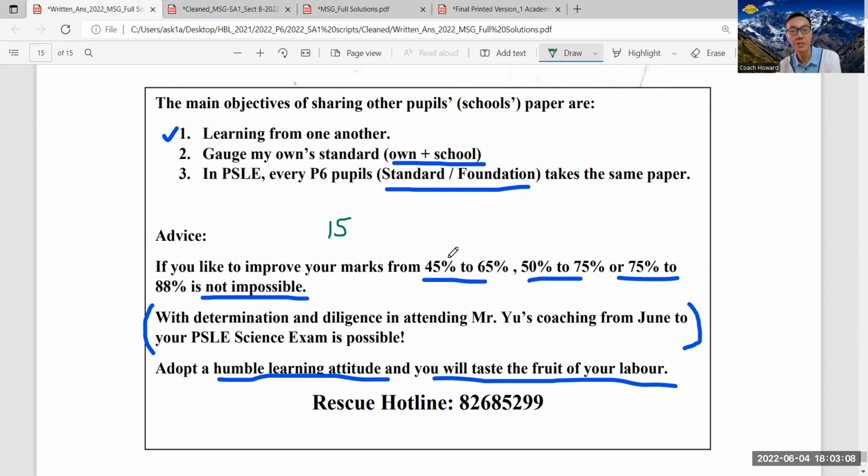If you fall within this range, either 45 to 65, 50 to 75, or 75 wanting to score 88, this is achievable for science. My encouragement and advice to you: be determined and diligent in attending my coaching, and adopt a humble attitude in learning so that you can taste the fruit of your labor.